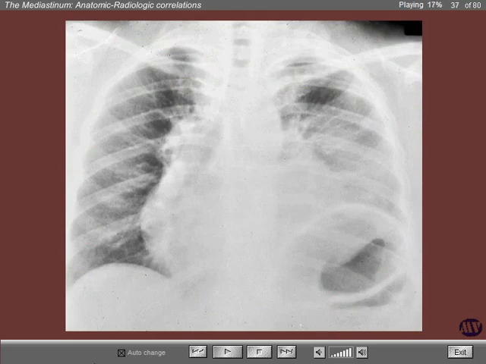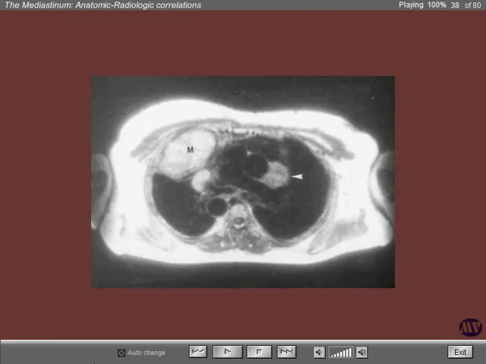In this frontal view of the chest, we note a large bilateral mediastinal process, more to the left than to the right. MR examination shows the bilaterality of the mediastinal mass. The largest component is noted to the right of the heart.